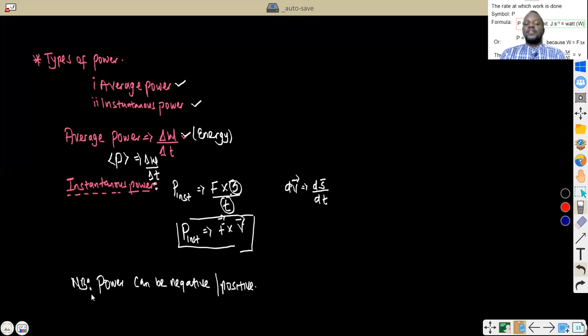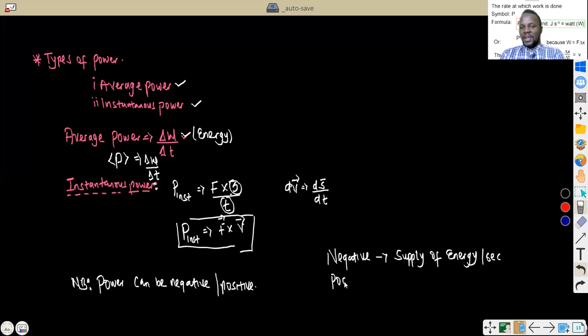So now, I say power can be positive or negative. When we say power is positive, we mean what? Let's start with negative just to keep down a note. Negative power means supply of energy per second.